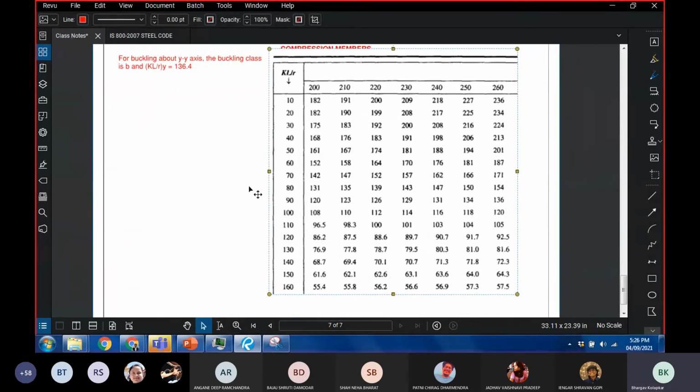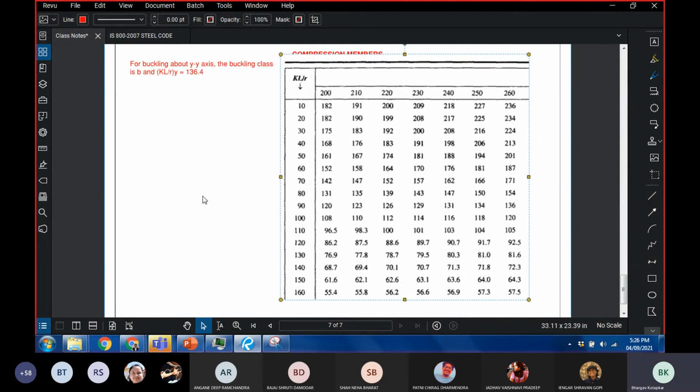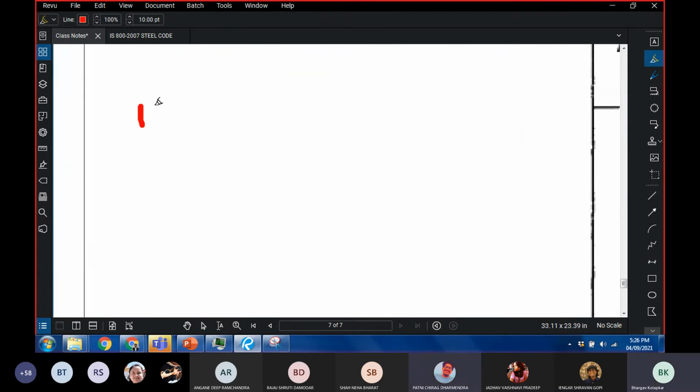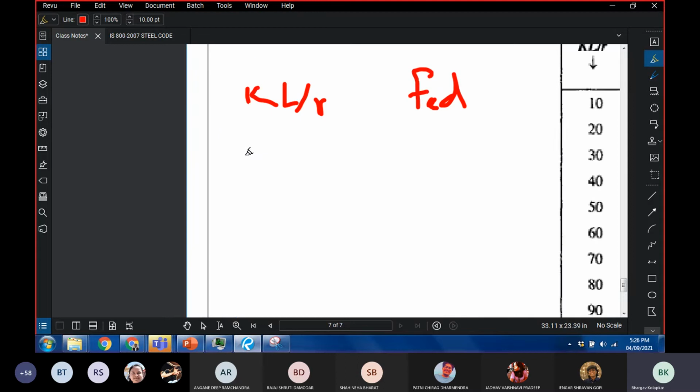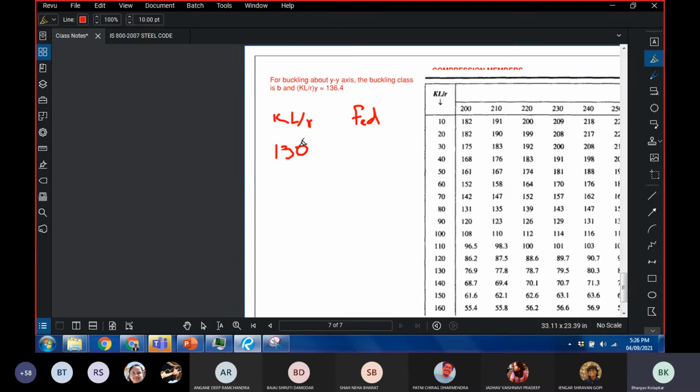So which value should we look at? 130 and 140. So this is KL upon r, and this is FCD. As he rightly said, we have to look at values between 130 and 140.